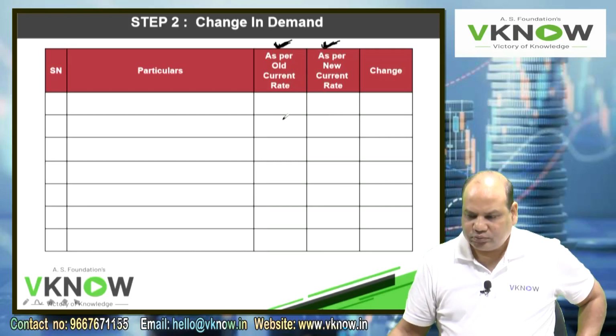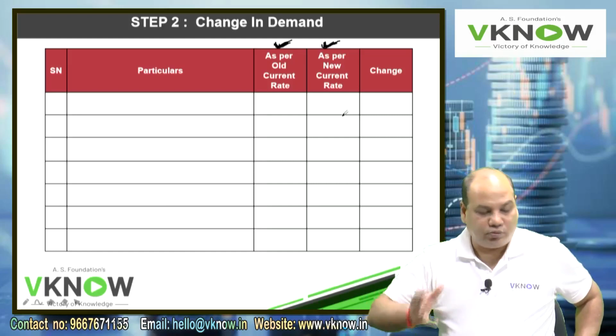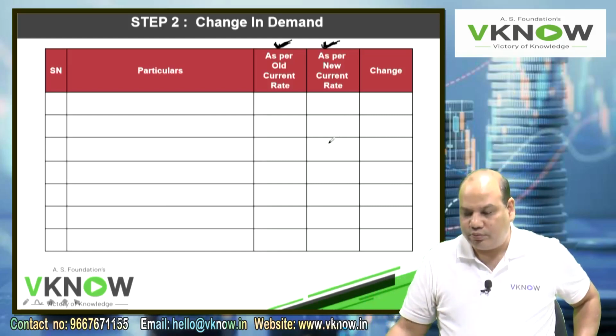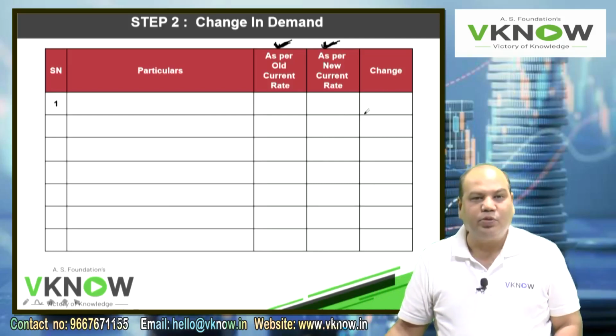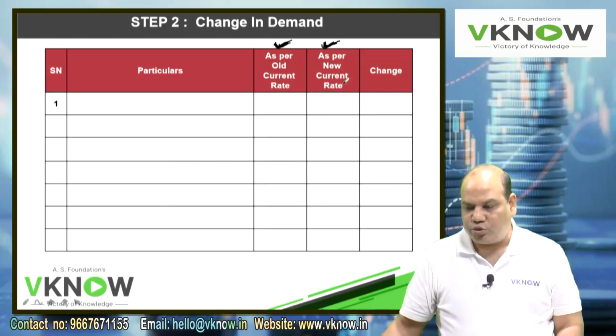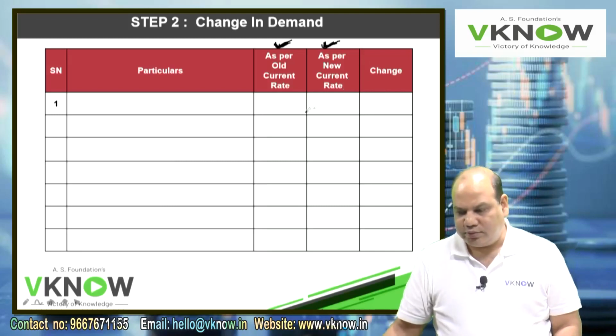Because the AC becomes cheaper for the German customer due to change in the current rate, and there is a price elasticity of 1.5, he will purchase more AC, and that is what we have to calculate, how many additional ACs would be sold due to change in the current rate.